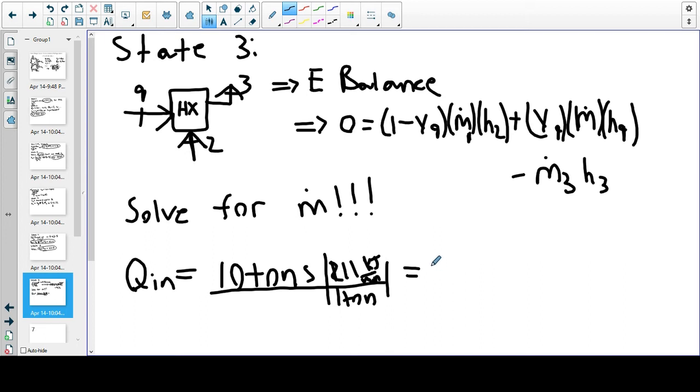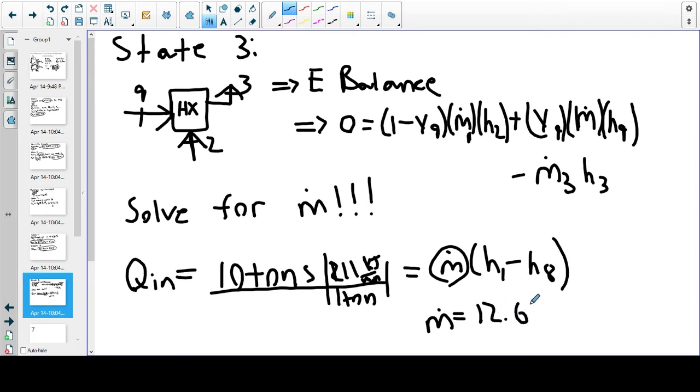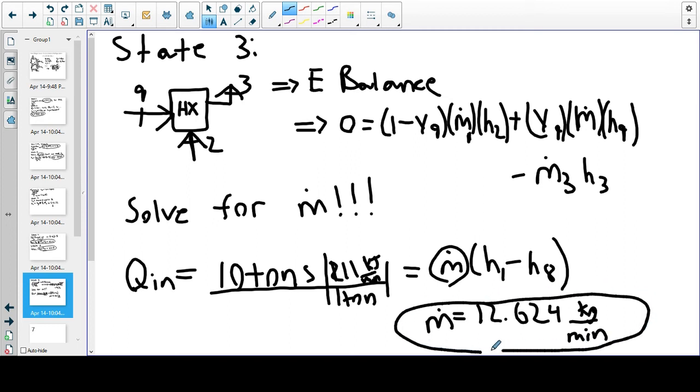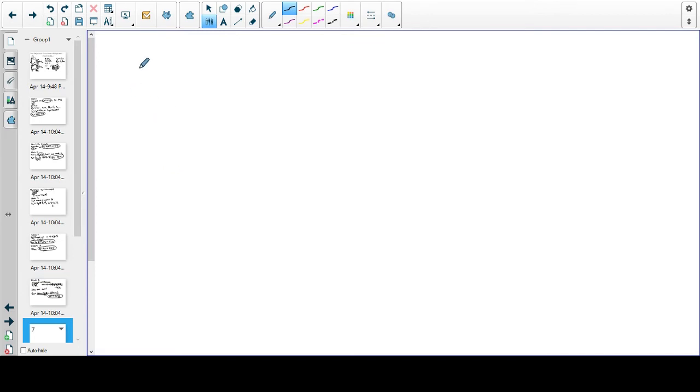We are given that Qn is equal to 10 tons, and we need to change this to kilojoules per minute so we can get our mass flow rate in terms of something per minute, like kilograms per minute. We know that Qn is equal to (H1 minus H8) times mass flow rate. And 10 tons times 211 is equal to kilojoules per minute. If you do this conversion and divide by H1 minus H8, you will get 12.624 pounds per minute.